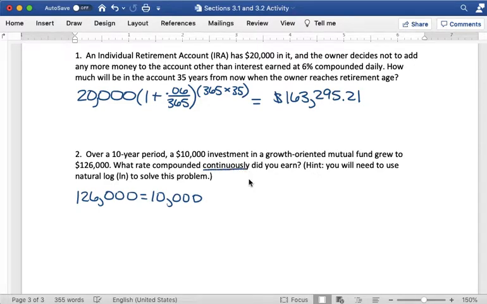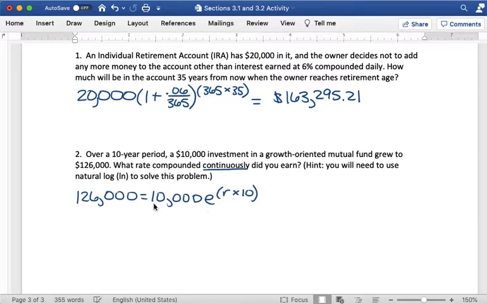That means we're going to use the P times e to the RT formula. Remember, e is a number, not a variable, so we're not plugging in for e. And then the power is R, what I am solving for, the rate, and the time is 10 years. So R times 10. And we're solving this equation for R.